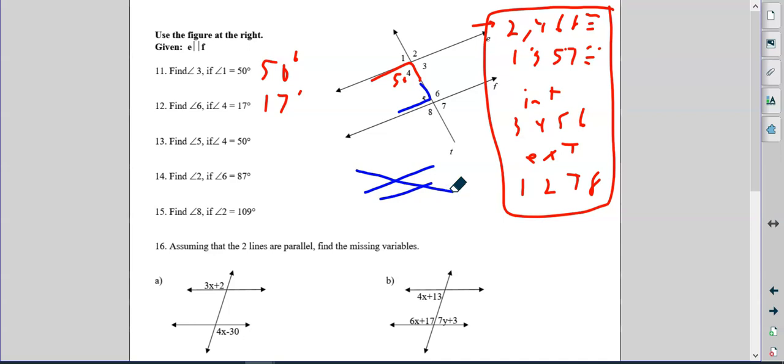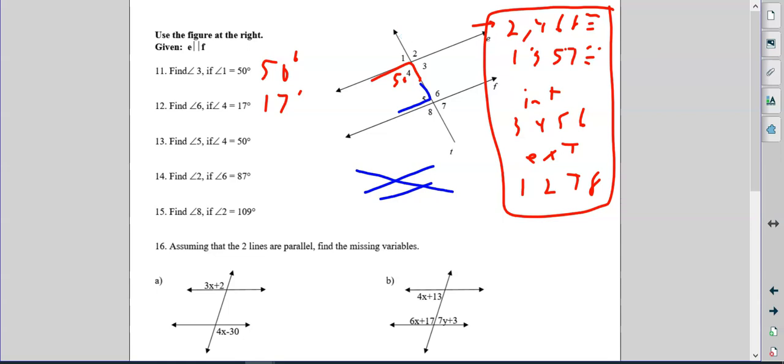This looks like it might be 95 and 85 here if it was really measured. So it's really close to 90. I think you can tell that the even ones, 2, 4, 6, 8, are slightly obtuse, and 1, 3, 5, 7 are slightly acute, but it's hard to tell. But remember, if you know that 2, 4, 6, 8 are the same, and 1, 3, 5, 7 are the same, therefore 4 and 5 must be supplementary.